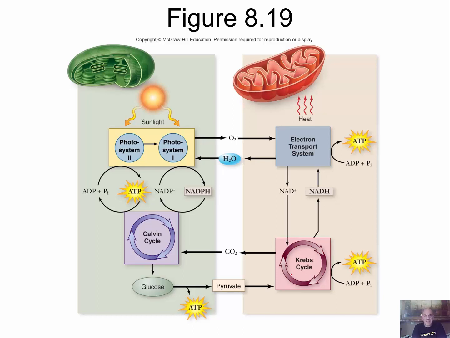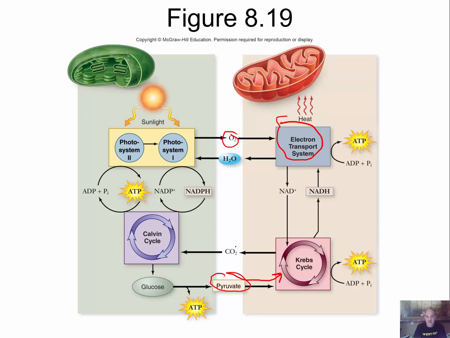So if we look at this diagram, it overall does show the relationship here. If we see arrows leaving, that's a product of the process. For example, here we see the light reactions when we split water produces oxygen. That's used as the final acceptor in electron transport over here in the mitochondria. If we look at the products of the Calvin cycle, which are the dark reactions or the light independent reactions, it is glucose, and then glucose in the cytoplasm goes through glycolysis to produce pyruvate, which enters the Krebs cycle over here.